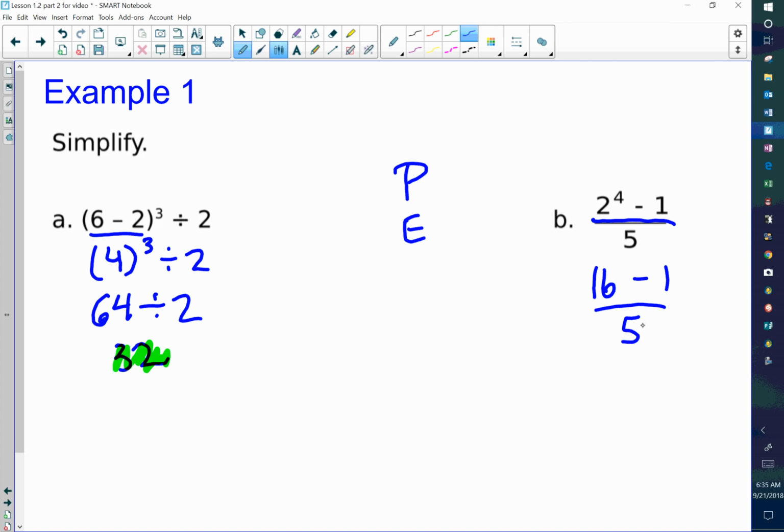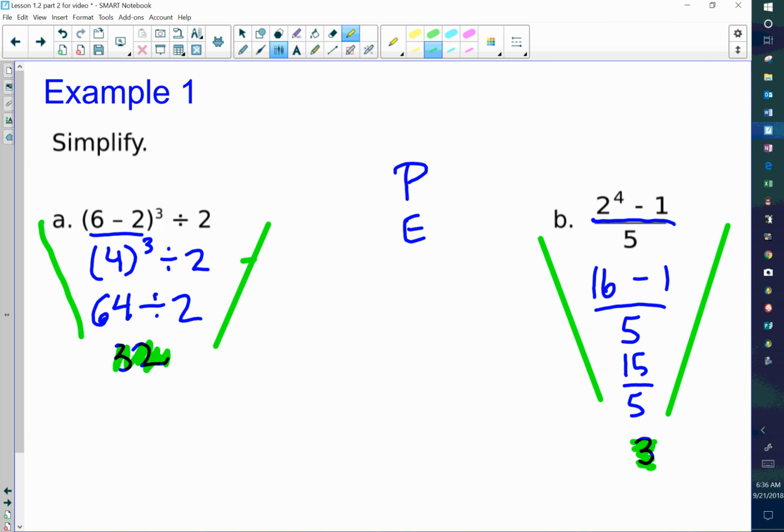There's nothing on the bottom, so I'm going to leave that. 16 minus 1 is 15. And 15 divided by 5 is 3. Highlight my answer. What you notice is, hopefully, that you'll see this work done in what's called a triangular form. You start with a complex expression, and you work your way down to a single value.